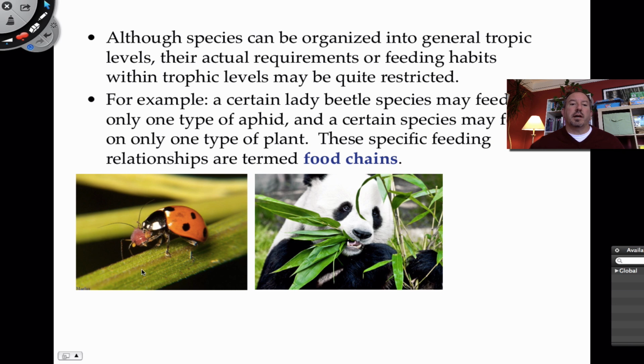And so what you've got here is the producer, then you have the herbivore, and then you have the consumer. And these three are always linked together in a food chain. And then you get things like the panda. The panda bear is pretty, I don't know, finicky is a word, in that it's a vegetarian, and really likes to eat the bamboo. And so you get these specific relationships called food chains.